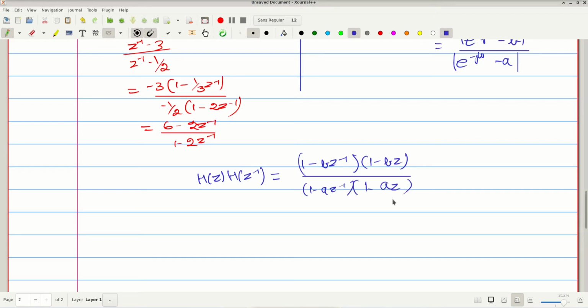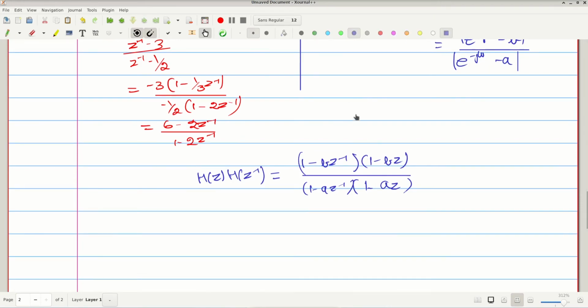Now to have the same magnitude response, what must you do? You must pick one of the numerator elements and one of the denominator elements. So how many can we have? You can choose 1 minus bz inverse by 1 minus az inverse, 1 minus bz upon 1 minus az, 1 minus bz inverse upon 1 minus az, and 1 minus bz upon 1 minus az inverse. All of them will have the same magnitude response.